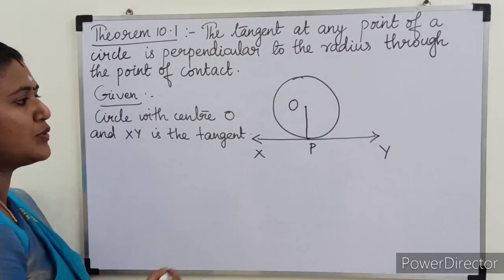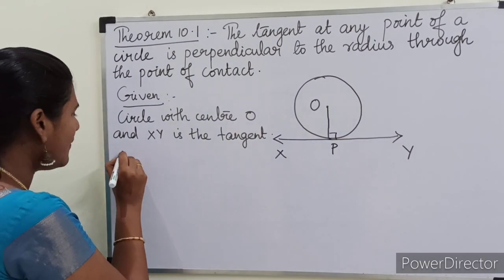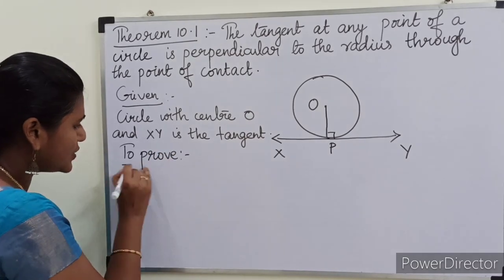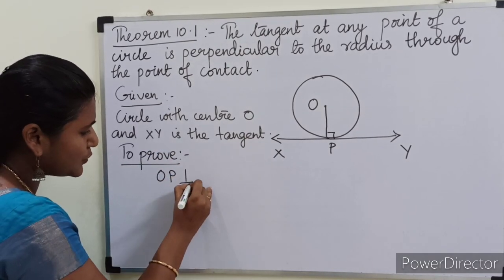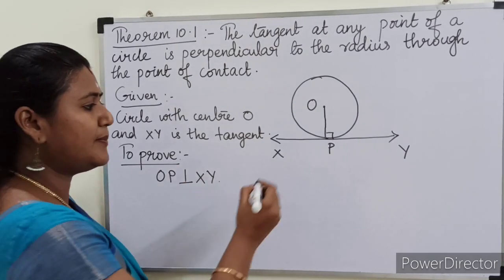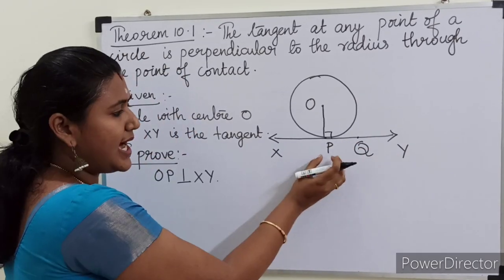So we have to prove that OP is perpendicular to XY. For this, we will take a point Q on the line XY other than P.